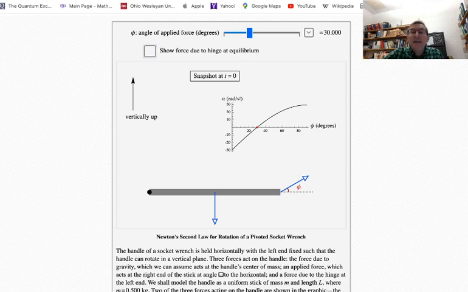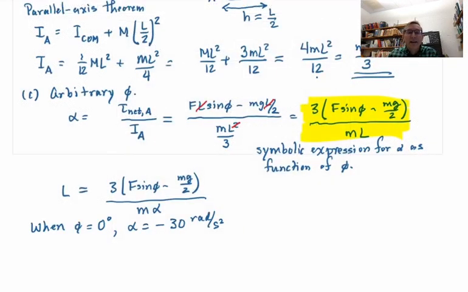That graph is telling me that if I were to make the angle of the applied force 0, like that, and lift it like that, that rod, that disk, would start to rotate with an angular acceleration of negative 30 radians per second squared, and the negative tells me that the motion would be clockwise. Let's use that fact along with our equation to get a value for L.